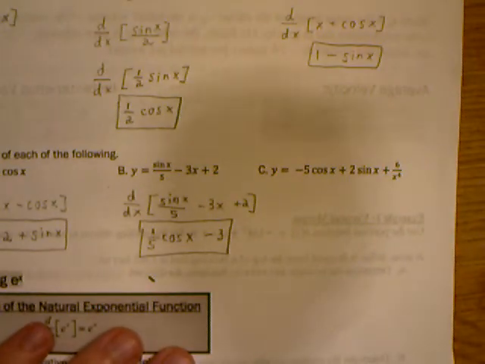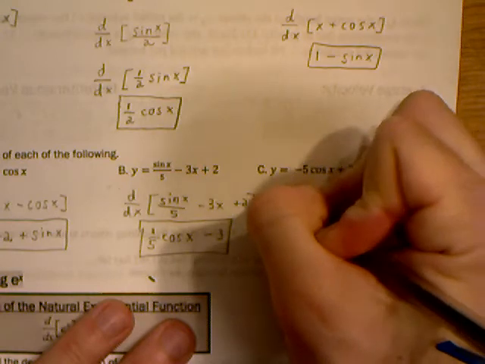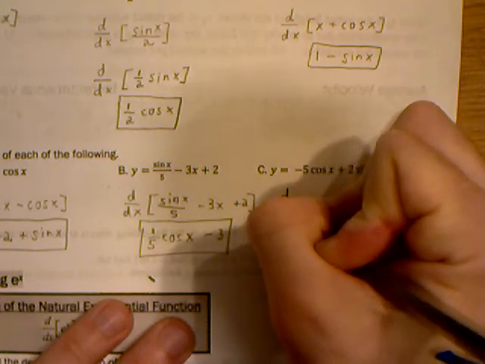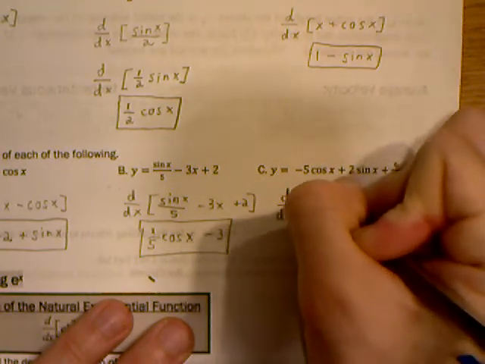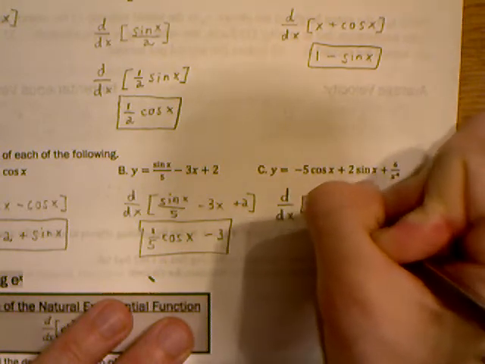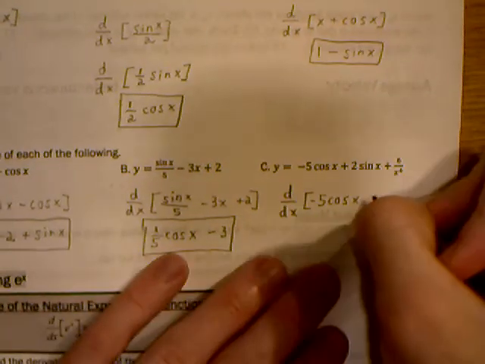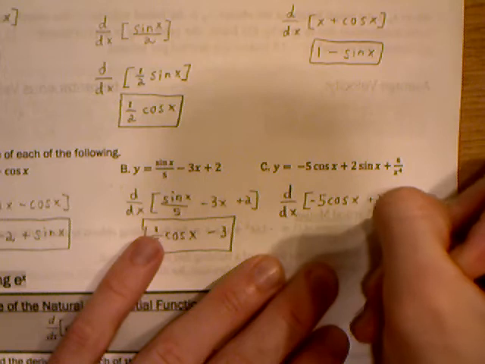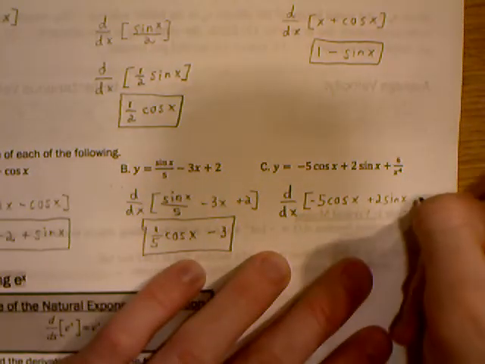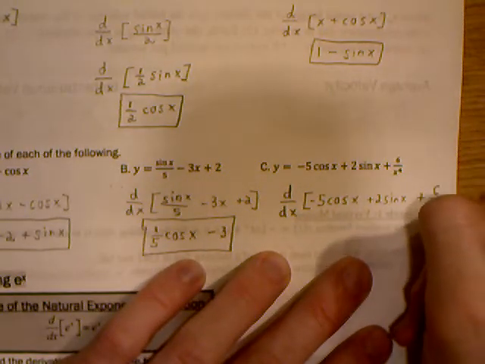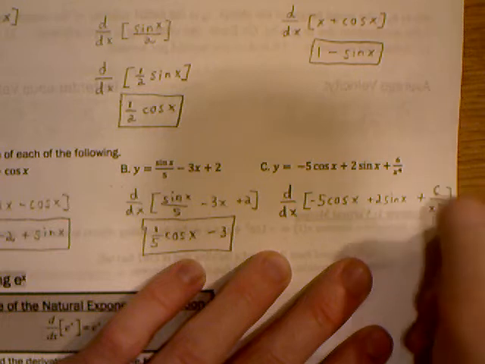Alright, for letter C, I'm going to take the derivative with respect to x of negative 5 cosine x plus 2 sine x plus 6 over x to the 4th.